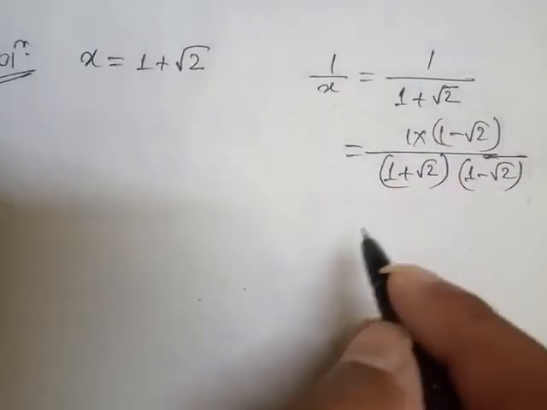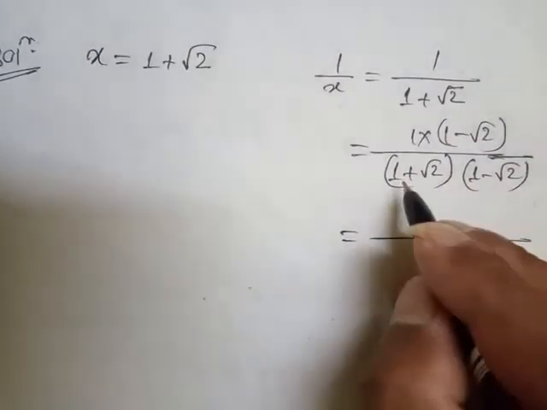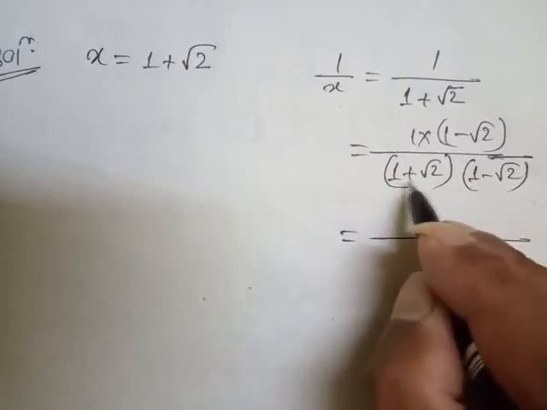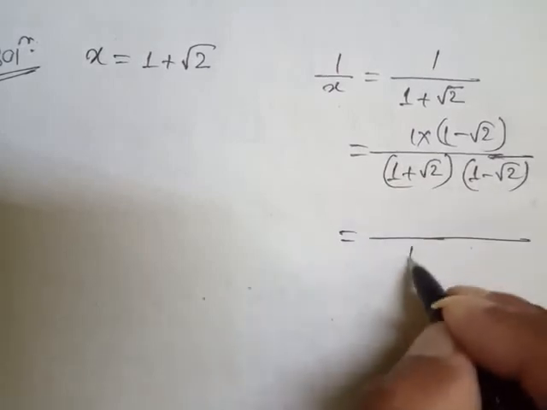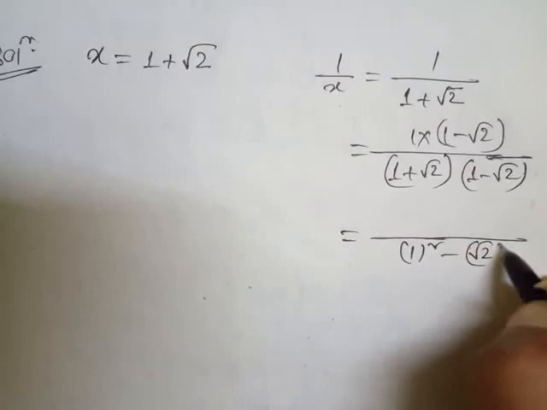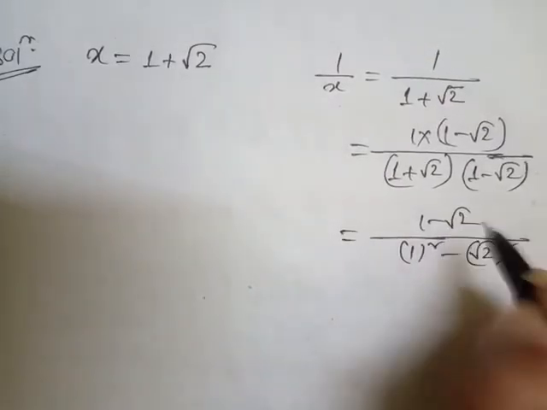Now next would be a plus b, a minus b, which means a square minus b square, then 1 minus root 2.